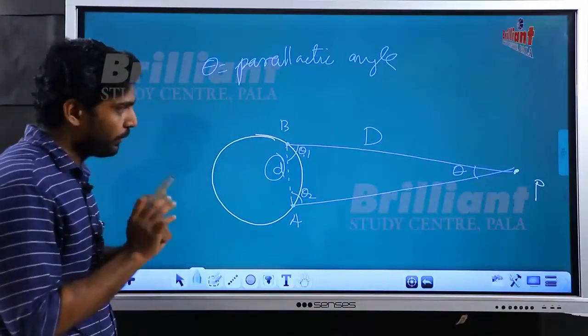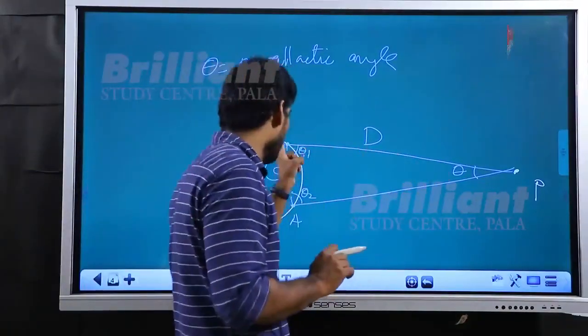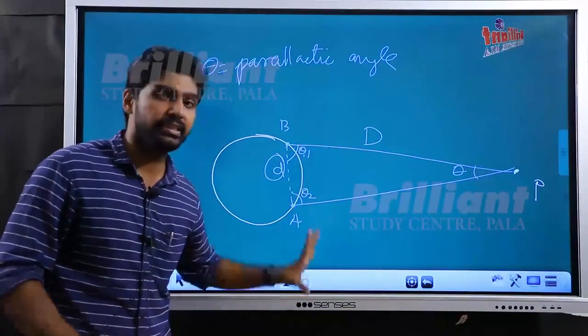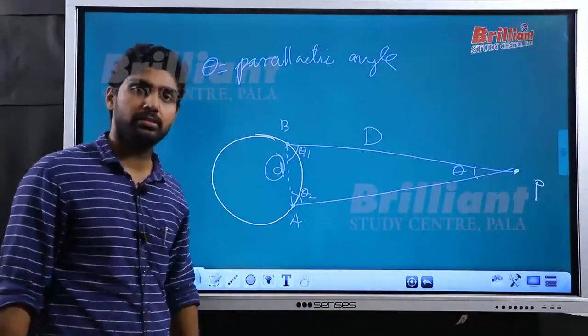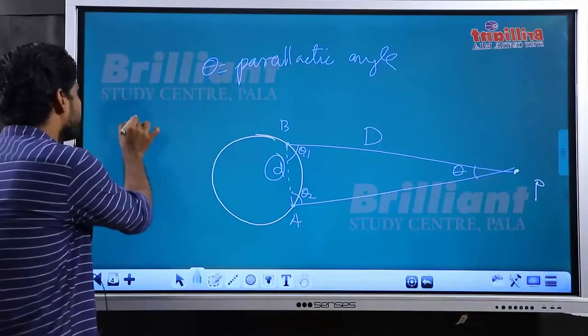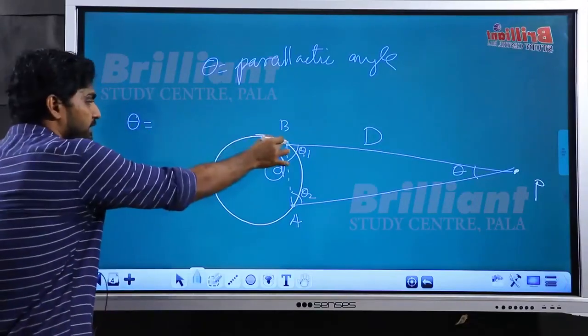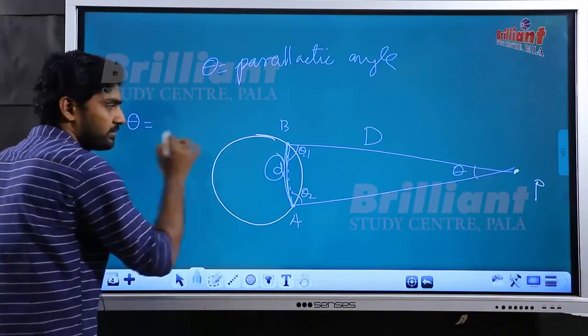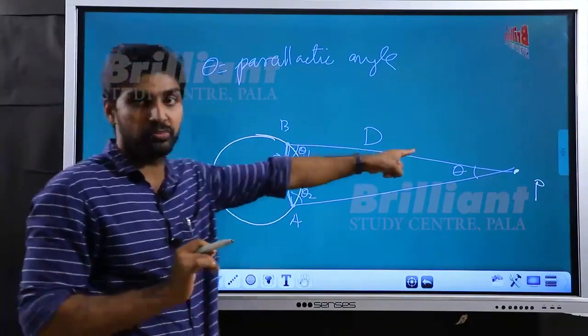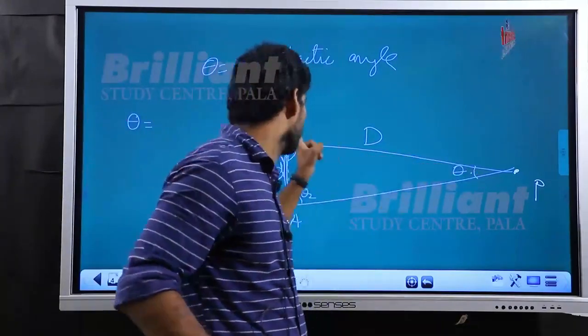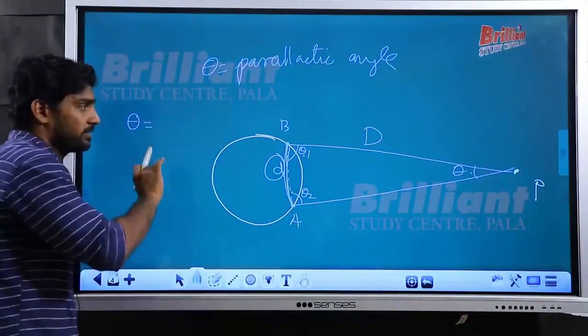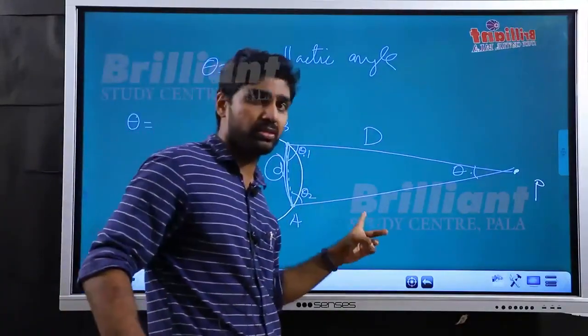Now we have theta, we have D. Can we calculate the distance from Earth to that planet? Simple. How can we do that? Using the definition of angle. What is angle? It is arc length divided by radius. As long as this angle is very small, this can be treated as an arc. I have actually not drawn this diagram to scale.